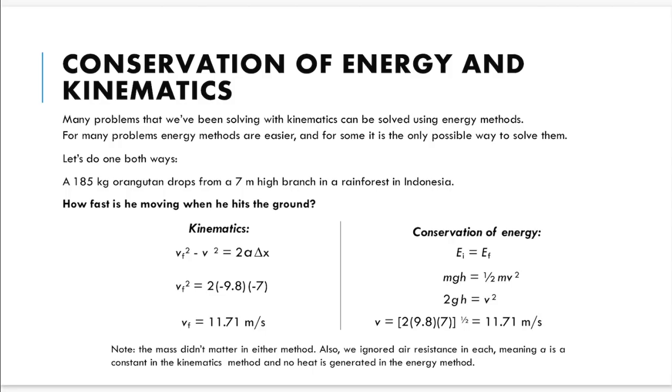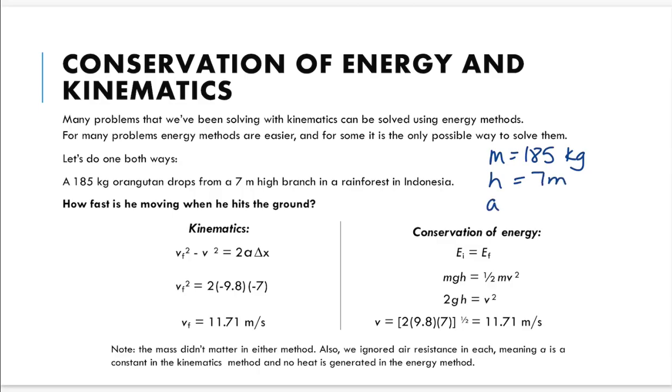So if we have a 185 kilogram orangutan that drops from a 7-meter high branch in a rainforest in Indonesia, how fast is he moving when he hits the ground? So we know that we have a mass of 185 kilograms. We know that we have a height of 7 meters.